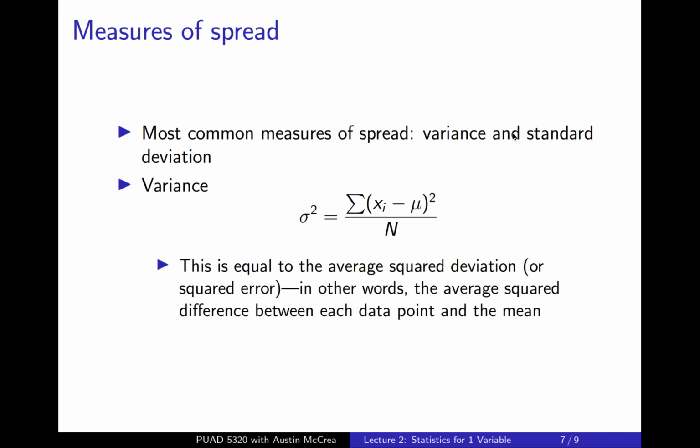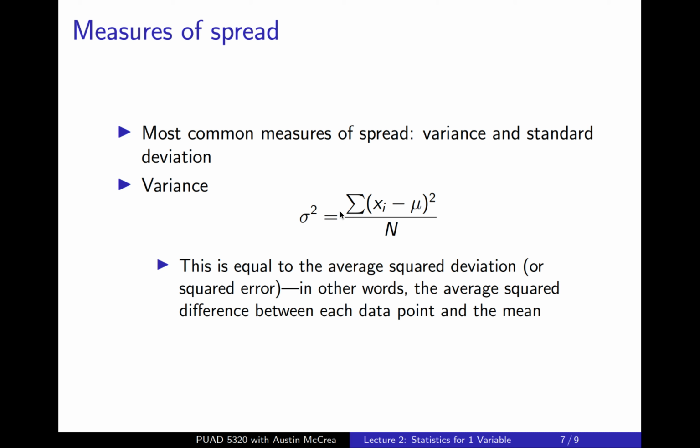But the most common measure of spread, and what we're going to be revisiting the most in this class, is what's known as the variance and the standard deviation. So we calculate the variance with this formula. Variance is expressed as sigma squared, and it's equal to the sum of all values of x minus the mean value squared.